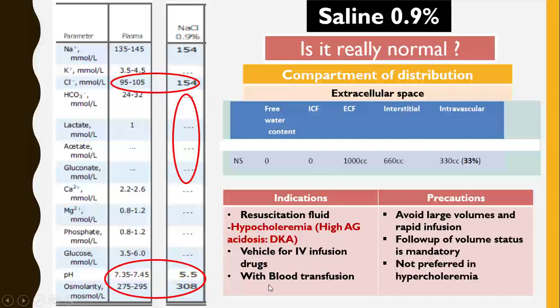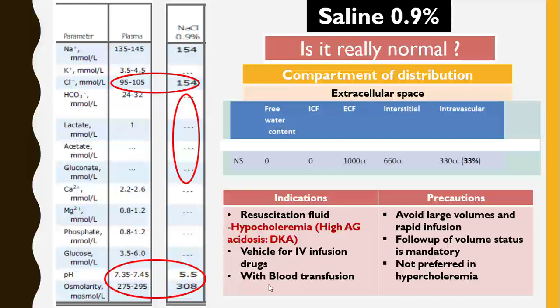It is a resuscitation fluid, can be used as a vehicle for IV infusion of drugs, and can be used with blood transfusion. Why? Because it is an isotonic solution, as we mentioned in the first slide. Think about any cell, the brain cell and the RBC. If I infuse the saline with the packed RBCs in the same line, the saline will not affect the RBC size.